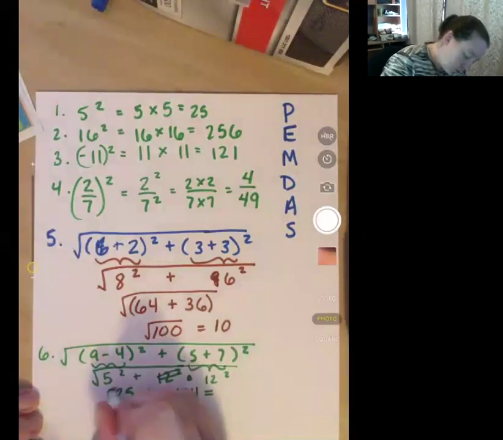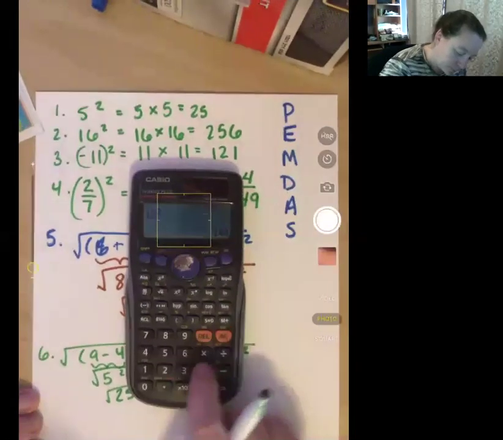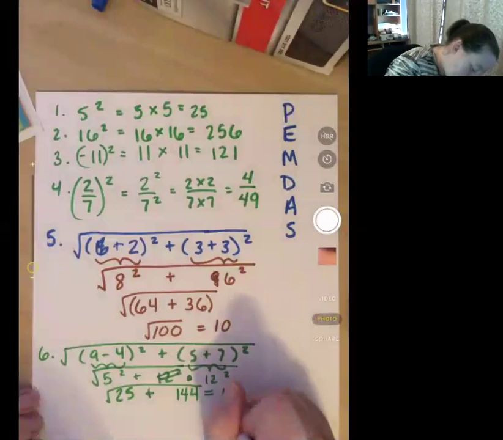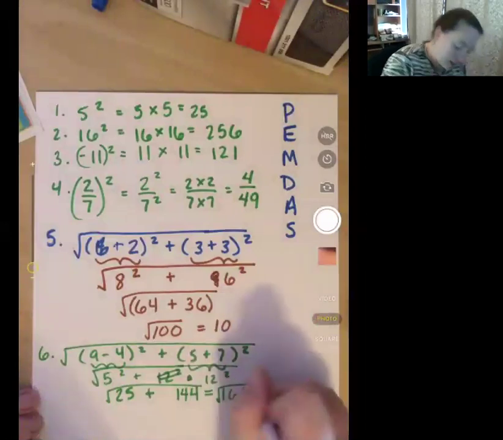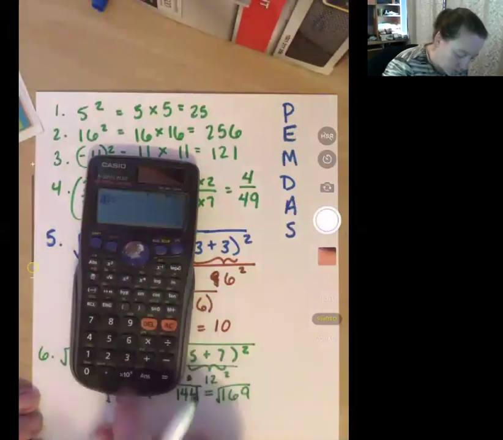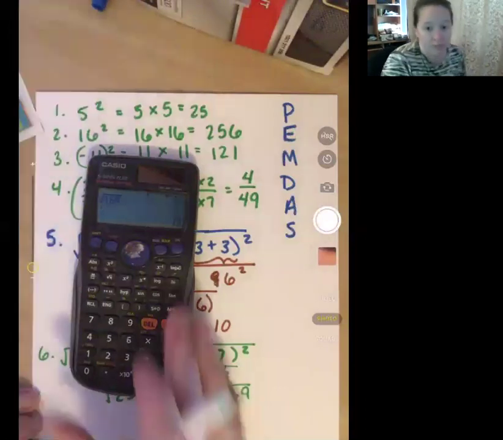So still square rooting, 25 plus 144, 169. And the square root of 169, so I'm going to go square root 169 equals 13.